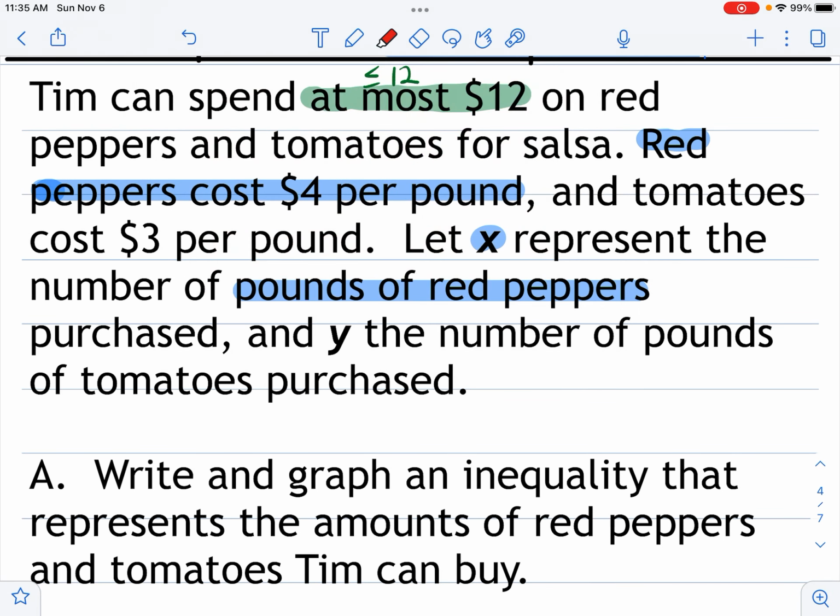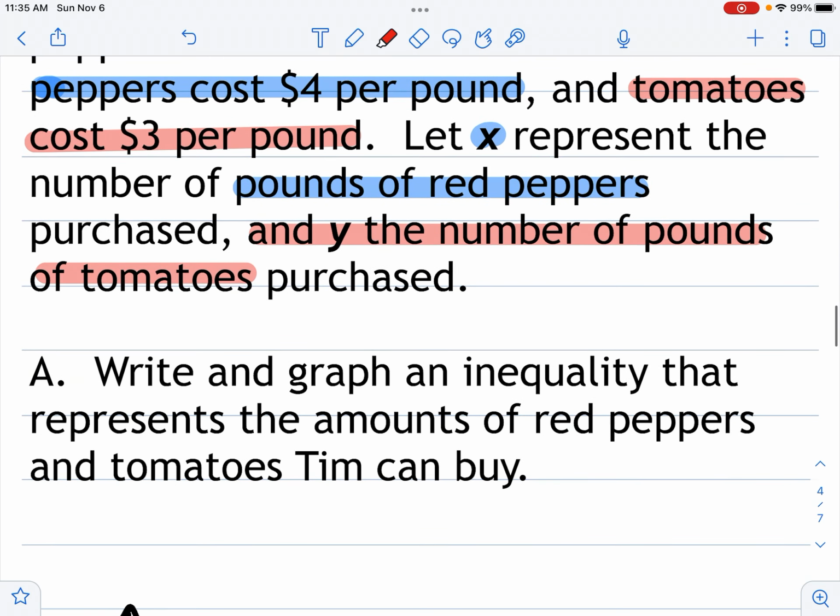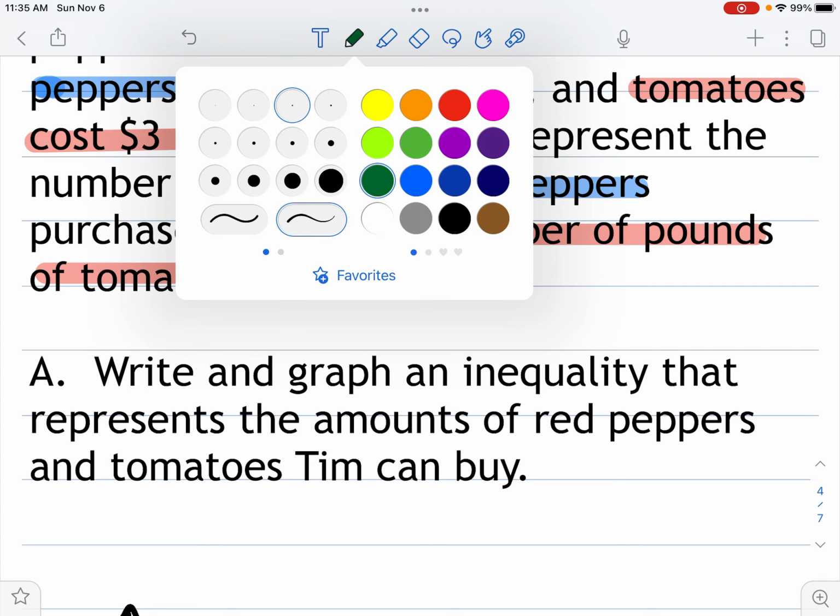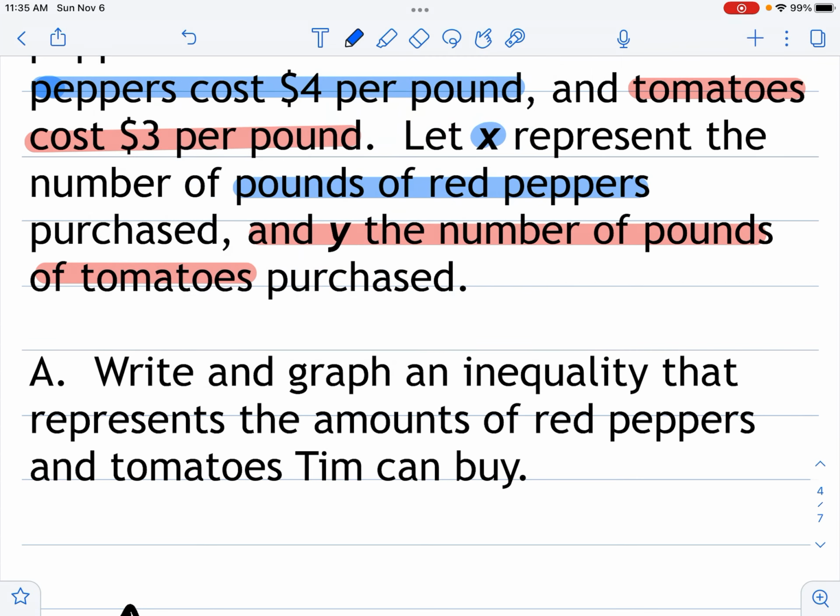And likewise, it says tomatoes cost $3 per pound, and Y is the number of pounds of tomatoes. So when I set up my inequality, I'm going to write 4X plus 3Y is less than or equal to 12.